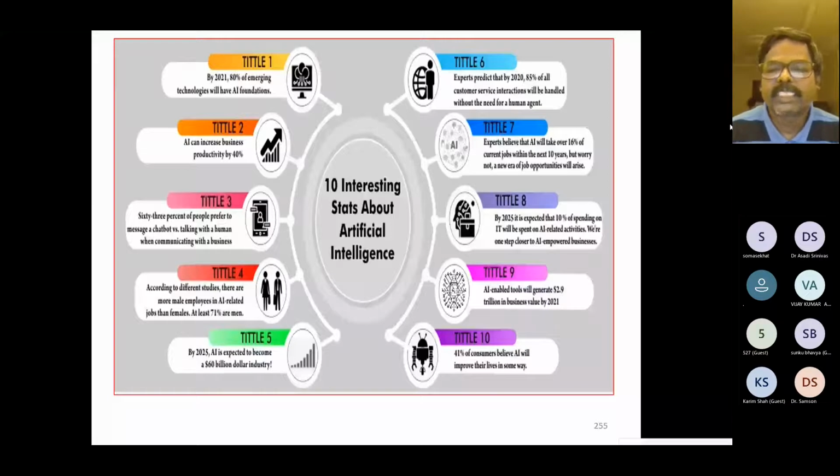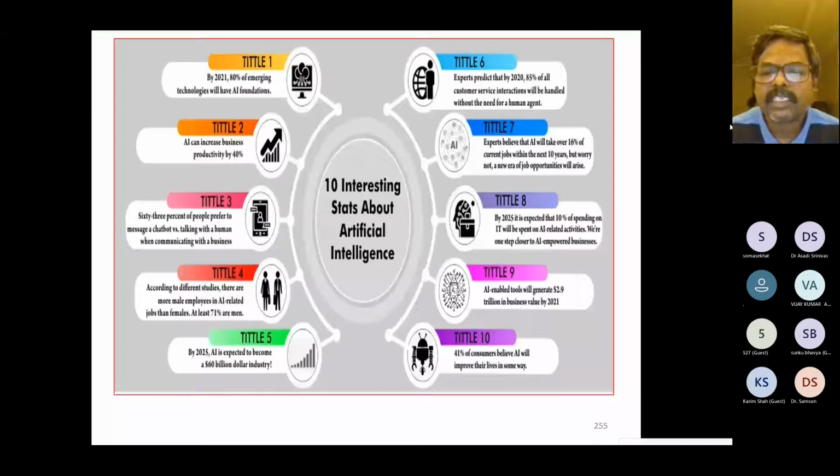Then statistic 8, by 2025, it is expected that 10% of spending on IT will be spent on AI related activities. We are one step closer to AI empowered business.